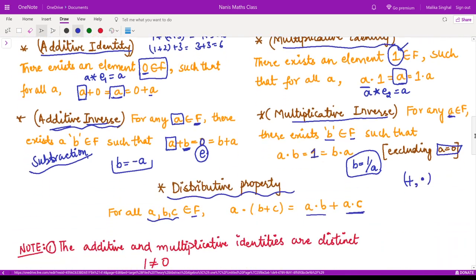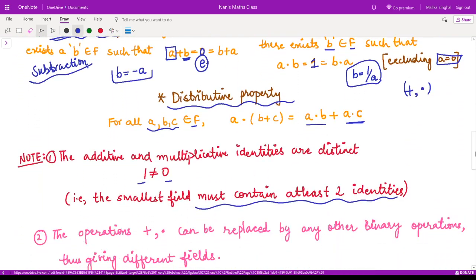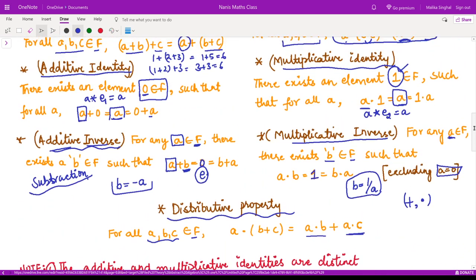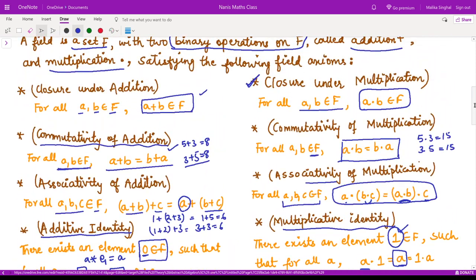Likewise, the inverses would also change. So the binary operations, addition and multiplication, can be replaced by any other binary operations, thus giving different fields.